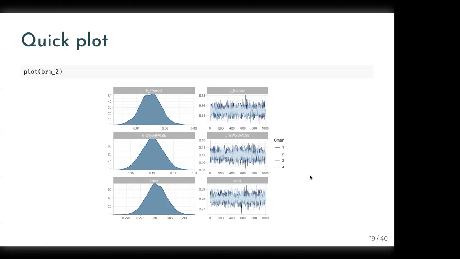You get 1 per parameter in the model. And when you combine all of those posterior distributions together, you get the joint posterior distribution, which is basically the predicted distribution of the outcome variable. We'll see that in a second.